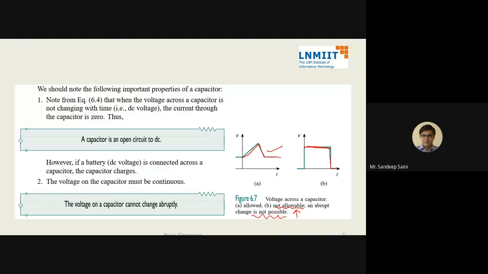So if the voltage across a capacitor is a constant value, then the current in the capacitor will be zero, and the capacitor will act like an open circuit to DC voltages and currents. The voltage on a capacitor must be continuous and it cannot change abruptly.